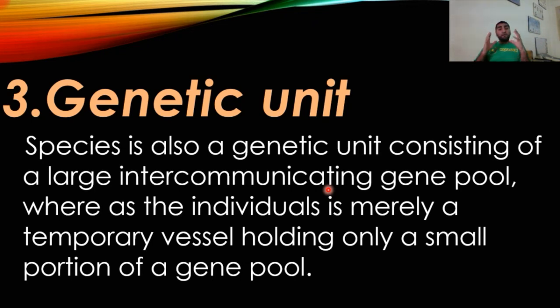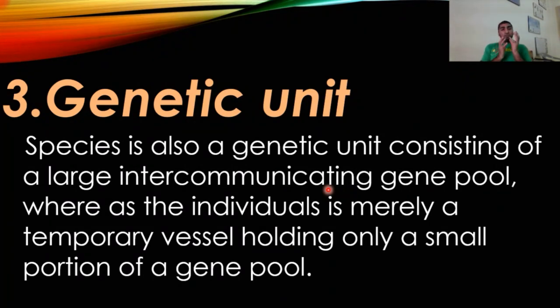For example, the human beings, the Homo sapiens who are living on the continent of Asia, each individual has its own genes. But if we consider the genes of all those human beings living in Asia, we can say the gene pool of the human beings of Asia.